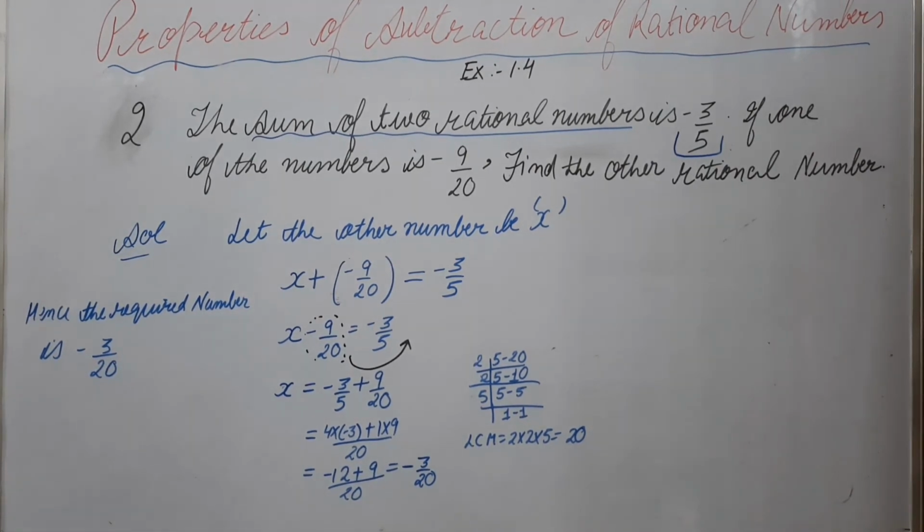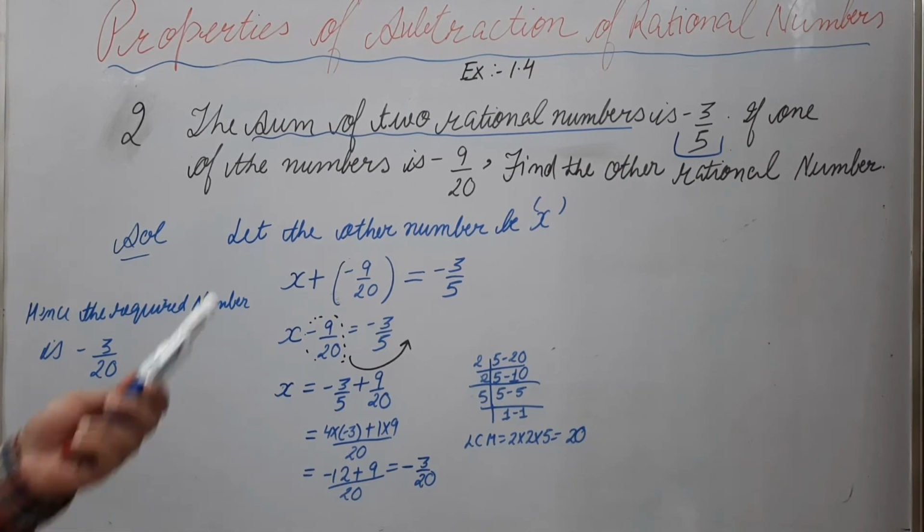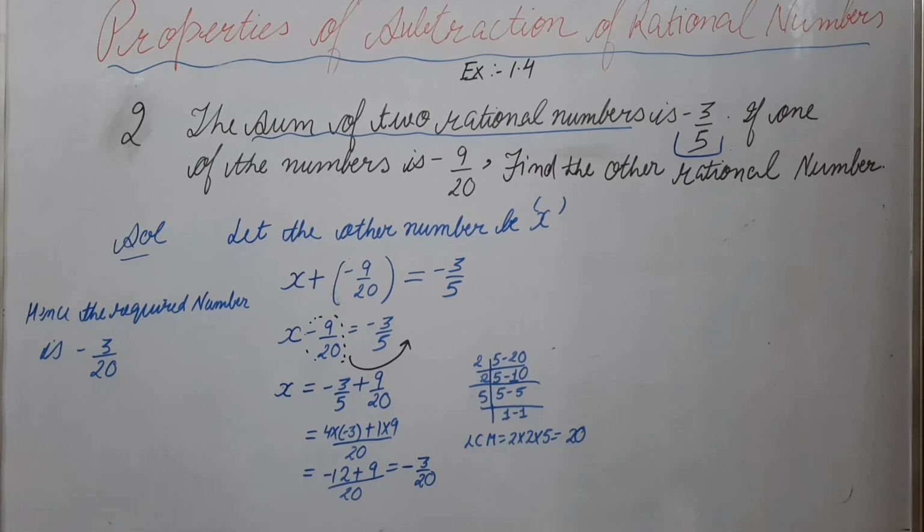Like this you can try the questions of this exercise. Here they're talking about the sum of two rational numbers. Maybe in the next question the difference of the two rational numbers is given, or what should be added to one rational number to get the sum minus 3 upon 5. So the question can be changed.